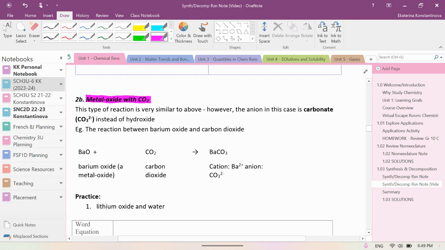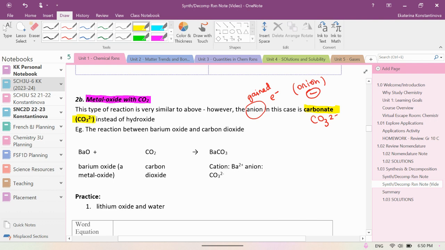However, the anion, the ion that has gained electrons, think onion because onions will make you cry, is negative. That's the charge of it. In this case it is carbonate, CO3 2 minus. That is our anion instead of hydroxide.